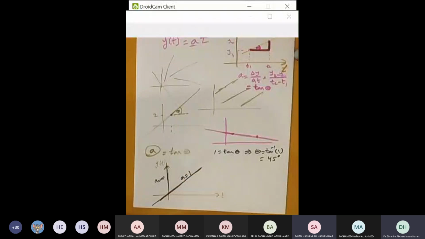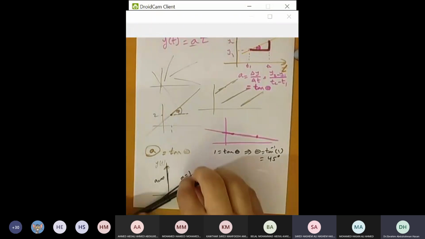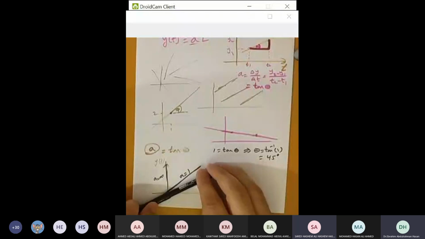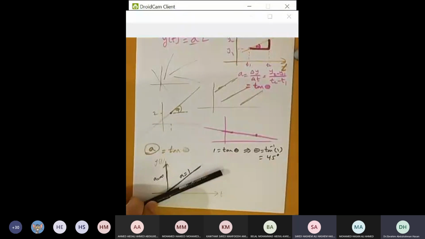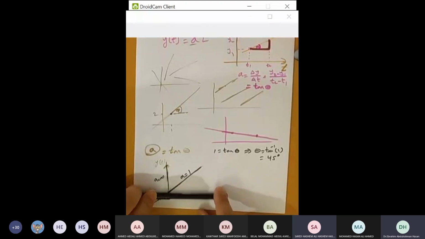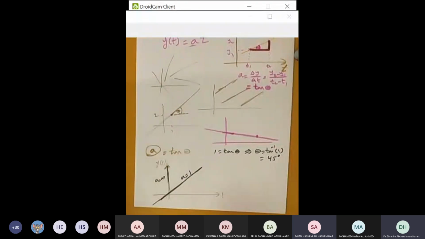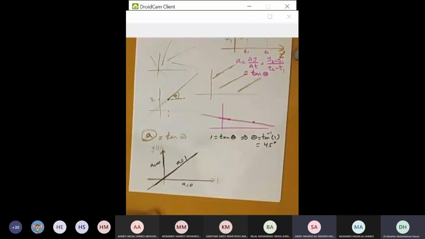Okay, and if it is less than 1, then it will be here. هذه بيكون a equal to 0.8, 0.5. Okay, until a equal to 0. A equal to 0 will be here. Okay, so this is if a equal to positive.